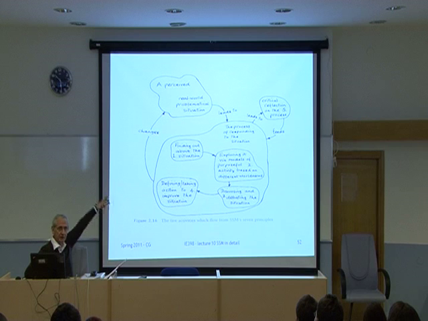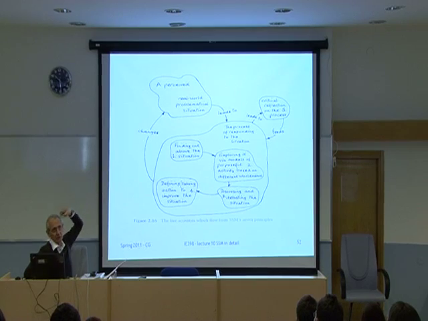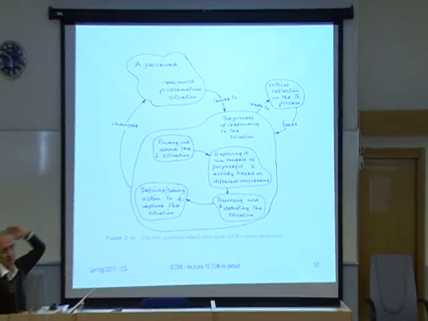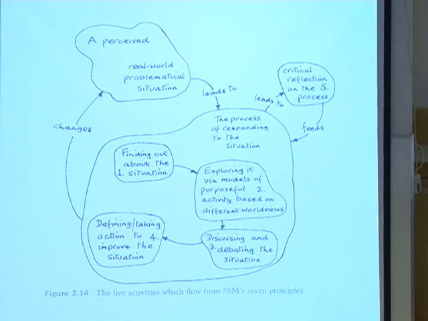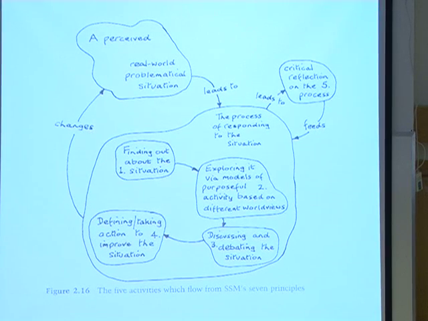You see, you do the SSM, you try to improve the problematical situation, but at the same time, you think about the SSM itself and the problematical situation critically. And that's called reflection. And that reflection is also important.